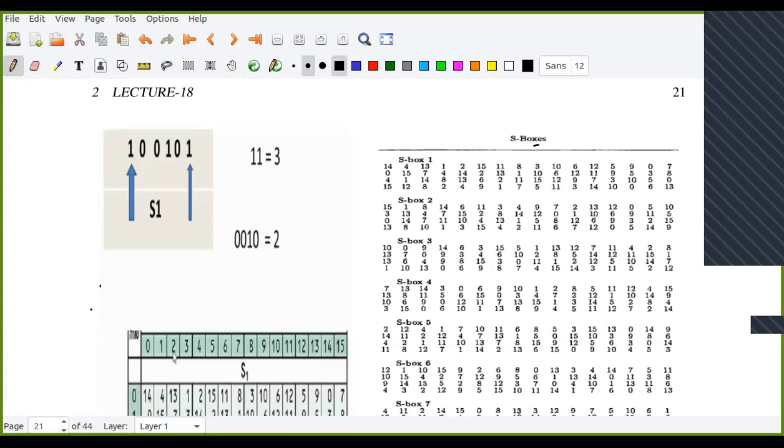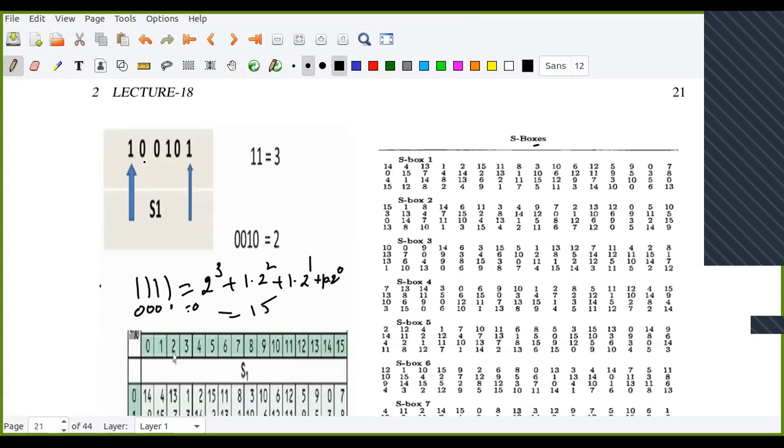What is the decimal representation for 1111? 15, sir. So it is 2 power 3 plus 1 into 2 square plus 1 into 2 plus 1 into 2 power 0, we get 15. So 0, 0, 0, 0 corresponds to 0, like that 0 to 15.